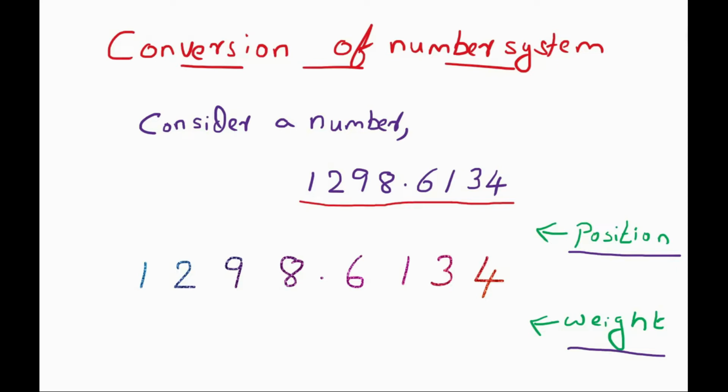It cannot be an octal number because there is 9 and 8. An octal number system will not contain 8 and 9. It contains only the symbols from 0 to 7. So, this can be a decimal number or hexadecimal number.